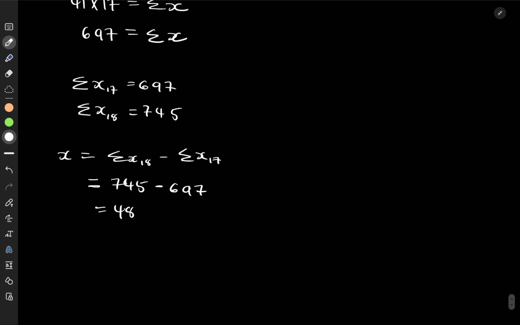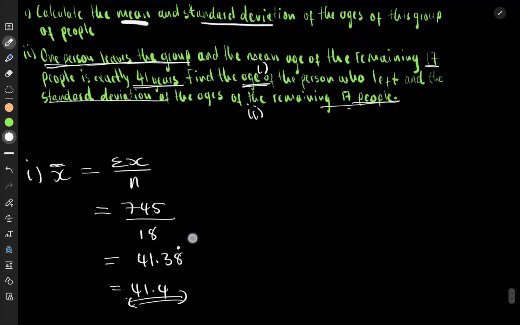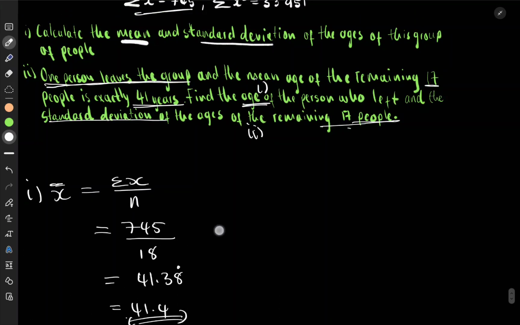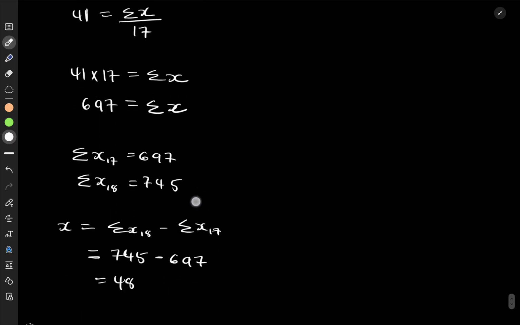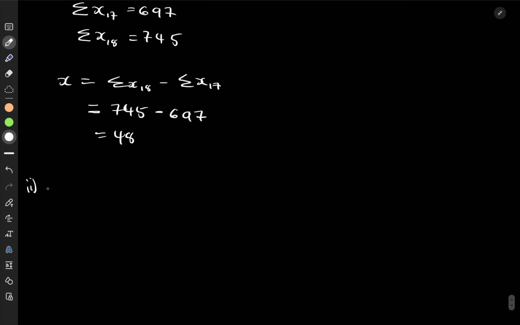Okay. Now I can do the second part, which says find the standard deviation of the ages. So here I can find the standard deviation. I can say standard deviation is the square root of the sum of x squared over n minus x bar squared, right?